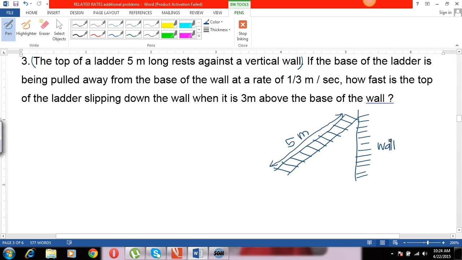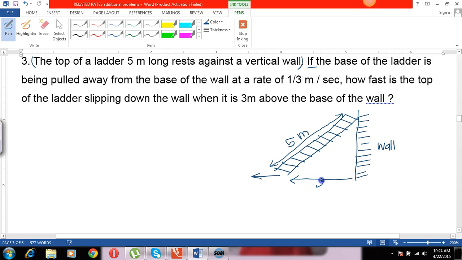Okay, look at the second sentence. This is the long sentence, right? If the base of the ladder is pulled away from the base of the wall at a rate of 1/3 meter per second, meaning that this rate will pull away from the base, so this is increased length.